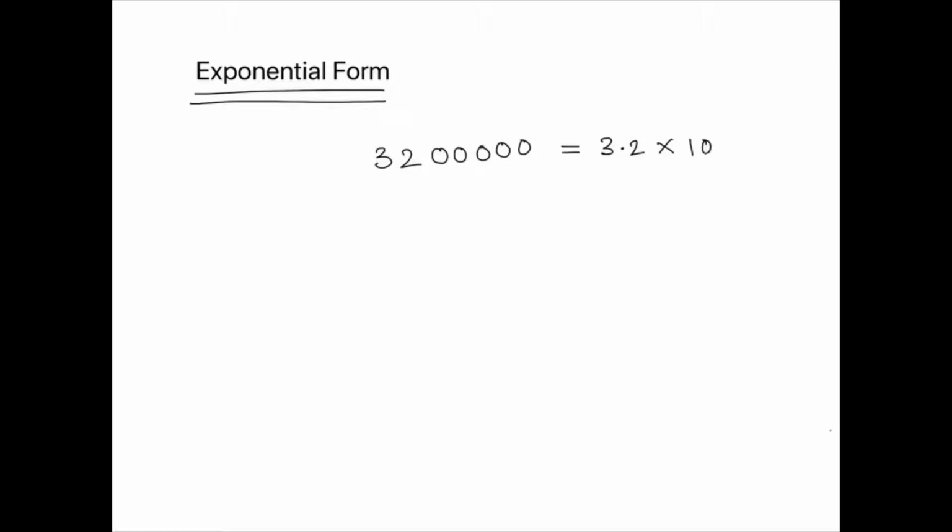How many digits do we have after the decimal? 6 digits. So 10 to the power 6. Now this number can be further written in another form, which is 3.2, we write e and plus 6. This is known as the exponential form.